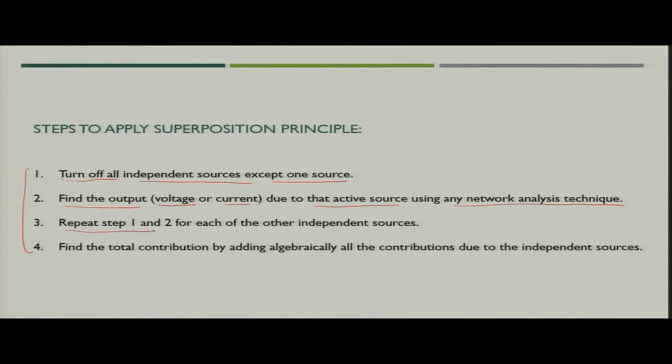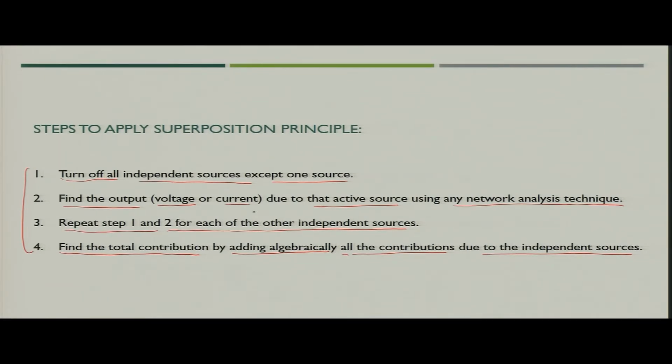Then you will repeat steps 1 and 2 for the other independent sources, taken one at a time. Then find the total contribution by adding them algebraically, so that you get the contribution of all the independent sources.